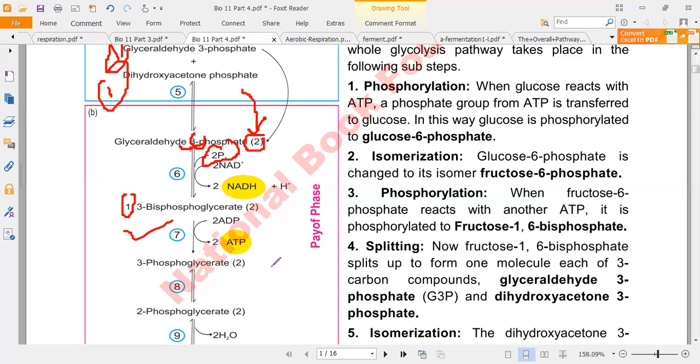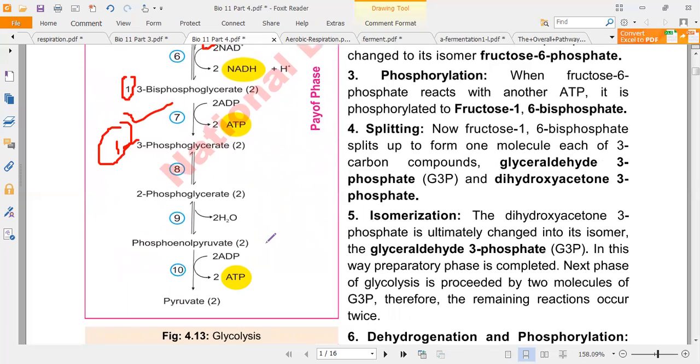In that we are using the enzyme phosphoglycerate kinase, and ADP is utilizing the phosphorus which was added in the previous reaction. Now we do not have a phosphate at position number 1 on both of the molecules, because that is added to 2 ADP, and then it becomes 2 ATP. Now we are getting the first energy molecule here.